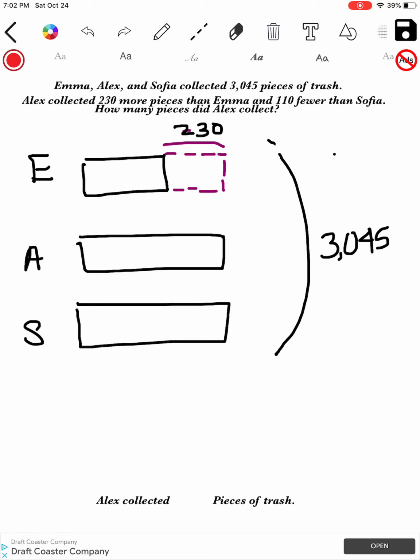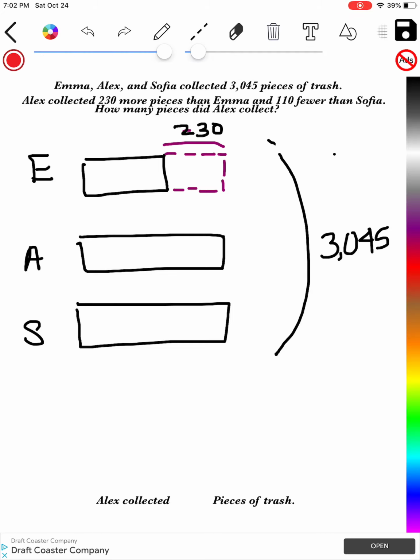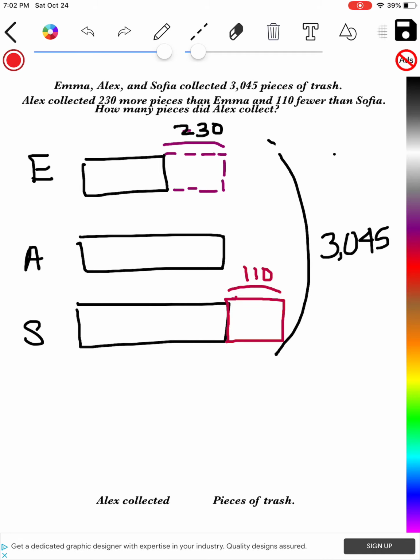So instead of adjusting Alex's bar, I'm actually going to add on to Sophia's bar that 110. Doing it in a solid line, excuse me, so that I know exactly what that quantity is, and I know for sure that it is actually something that's a part of my problem, not a difference, like Emma's 230.